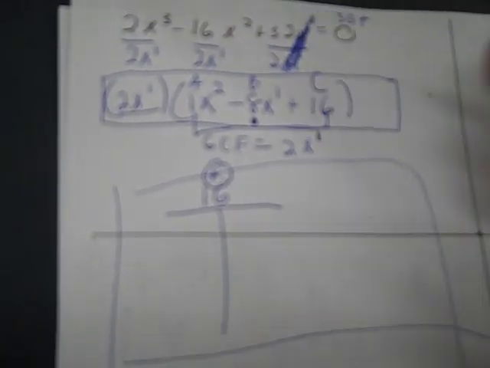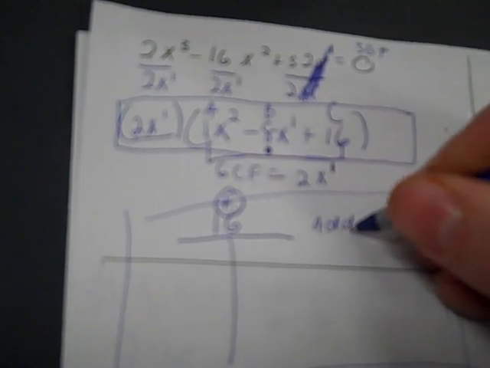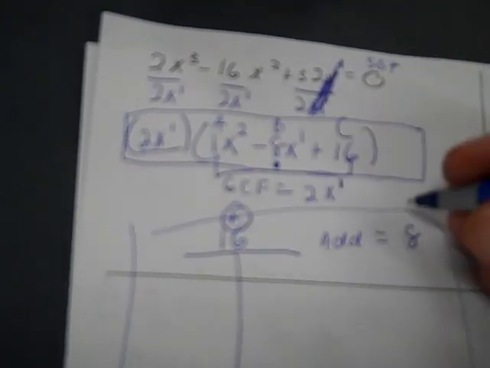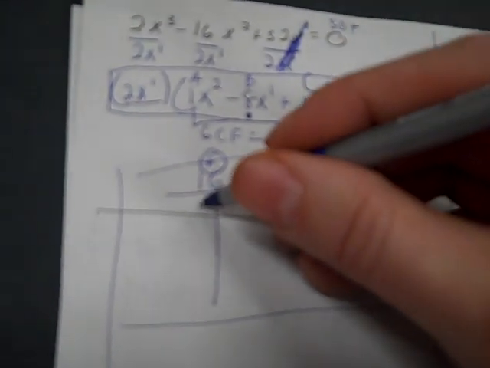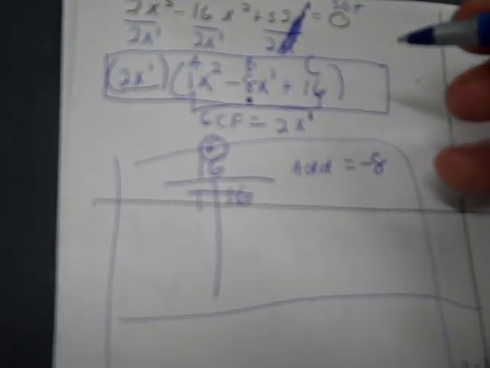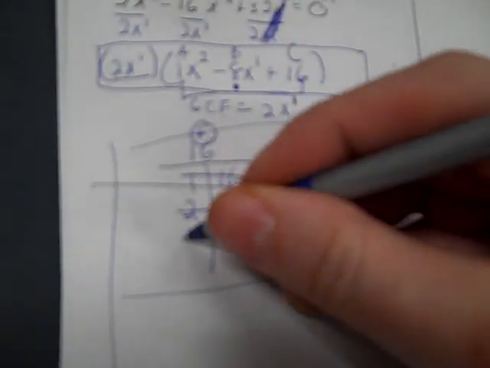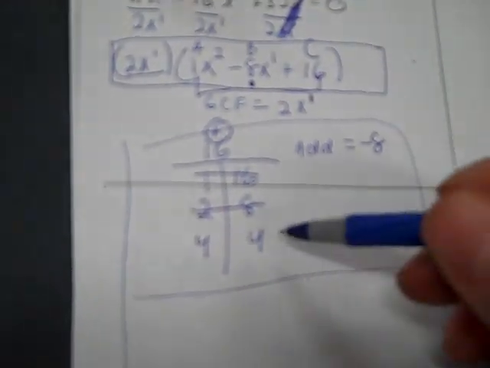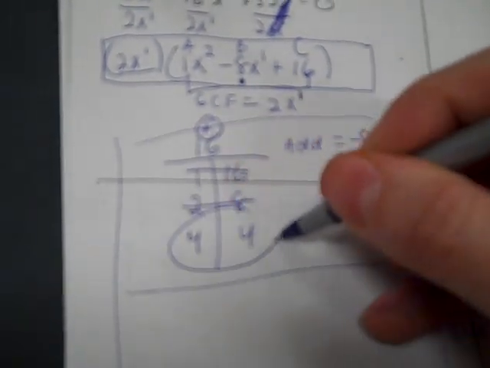So I got a positive, so it's going to be an add problem, and I'm trying to get to 8, which is negative. 1 and 16. 16 plus 1 is not 8. 16 divided by 2 is 8, so 2, 8. 8 plus 2 is not 8. 16 divided by 3 is a decimal. 16 divided by 4 is 4, so I divided by 4, and I got 4. And 4 plus 4 is 8, okay?